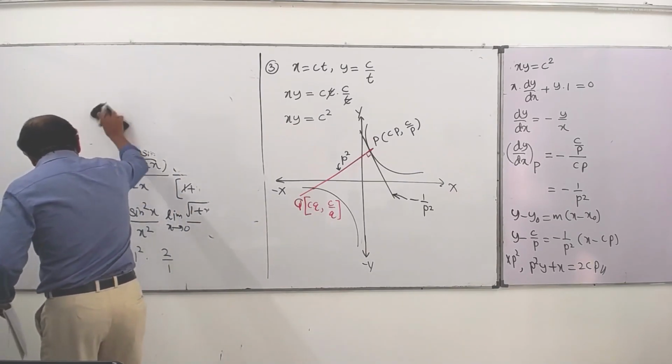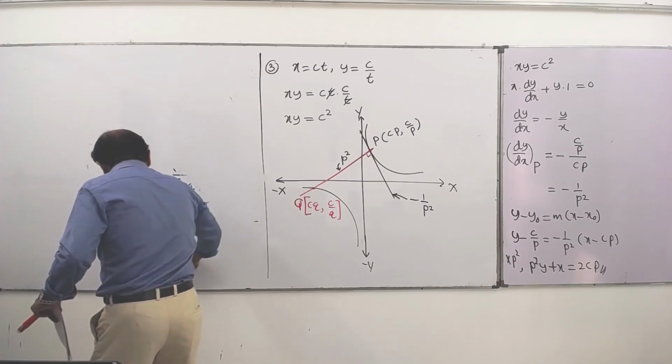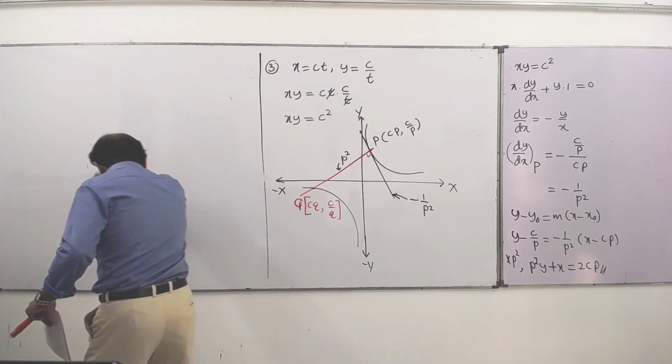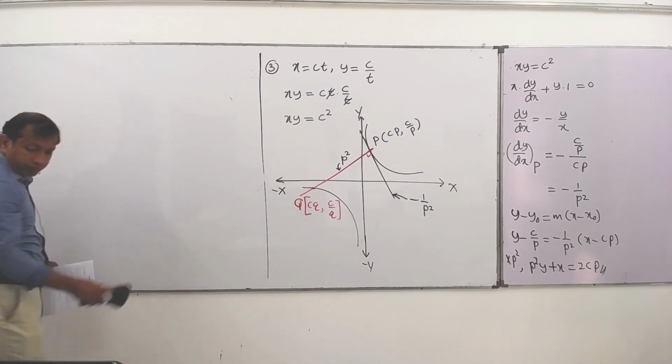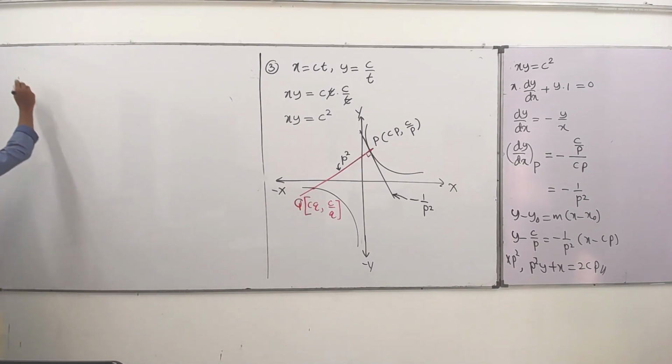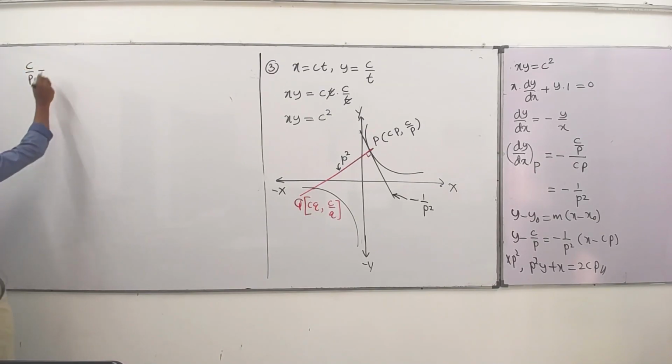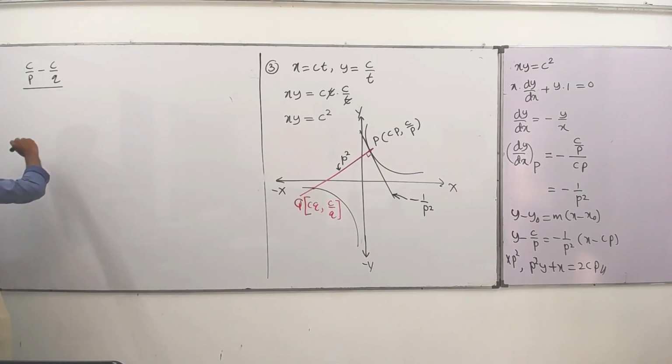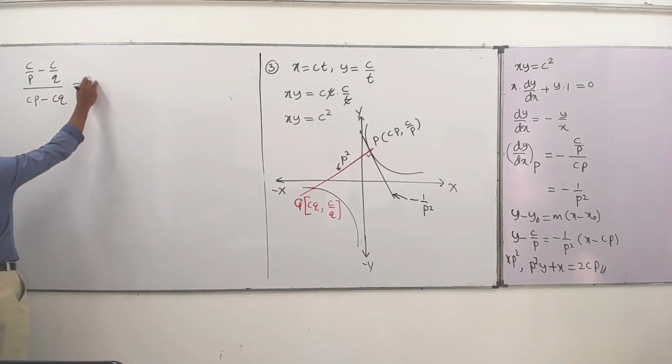That gradient I can write as the difference of y coordinates, c over p minus c over q, divided by the difference of x coordinates, cp minus cq. That gradient is equal to p squared.